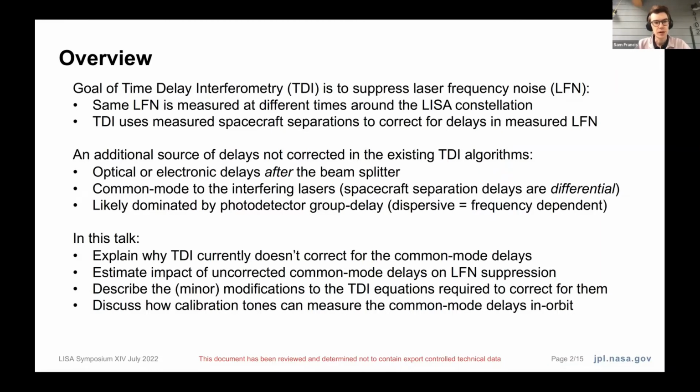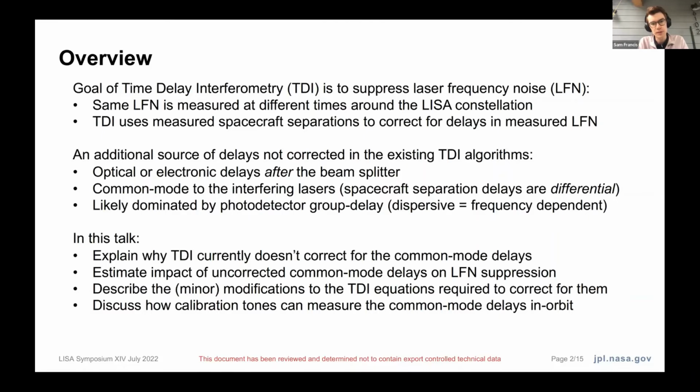In this talk, I will be looking at an additional source of delays that is not corrected in the existing TDI algorithms. These delays are optical or electronic delays that occur after the beam splitter, after the point where the lasers in our long arm interferometer are interfering. We call these common mode delays because they're common to both of the interfering lasers.